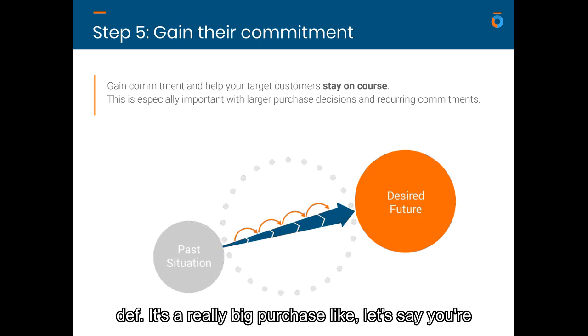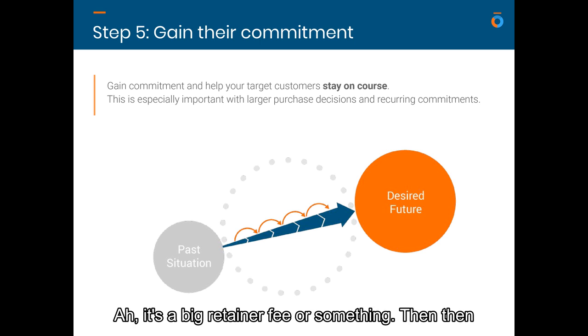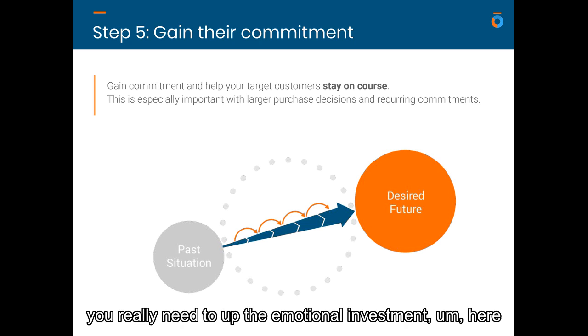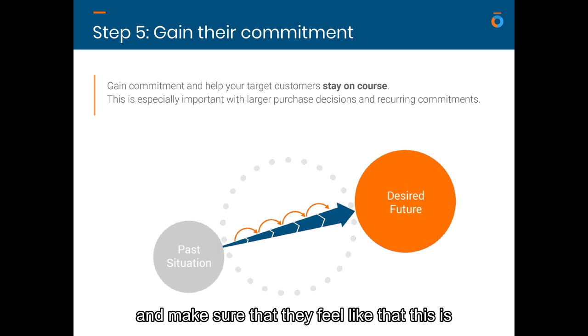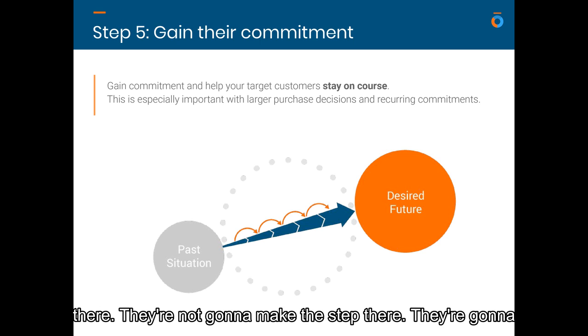And if it's a really big purchase, like let's say you're selling something that is worth $100,000, like a big retainer fee, then you really need to up the emotional investment here and make sure that they feel that this is the right decision, or else someone's going to have analysis paralysis. They're not going to make the step.